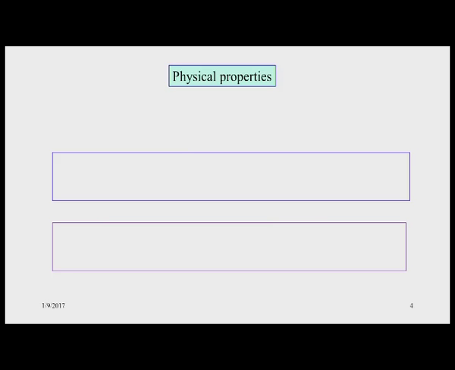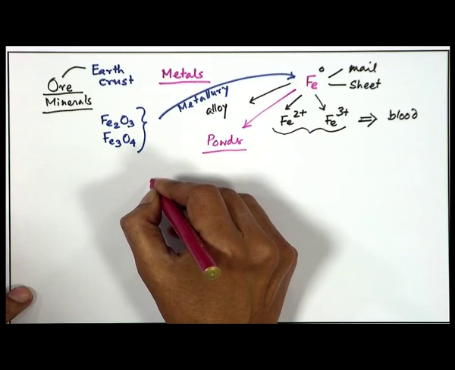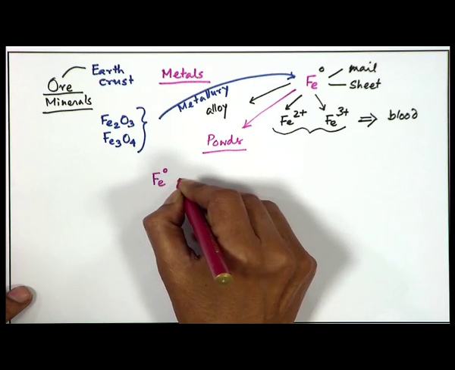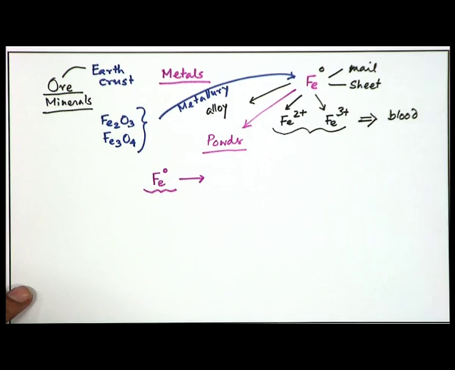So, we have already discussed how we can jot down these physical properties. As inferred by the name, the transition metals are metals and thus conductors of electricity. Whatever species we have just seen are the corresponding metals, because in some of our next classes we will be discussing the formation of the transition metals. If we have the metal we just saw as Fe0, it has all the metallic properties inherent to it.